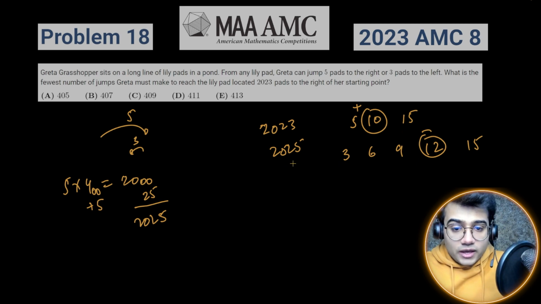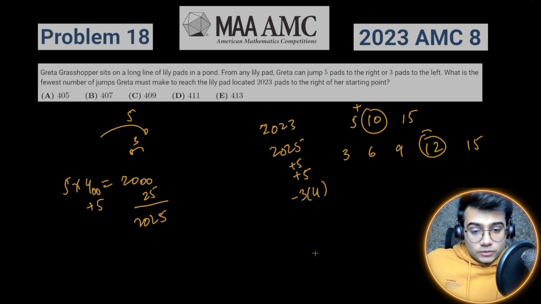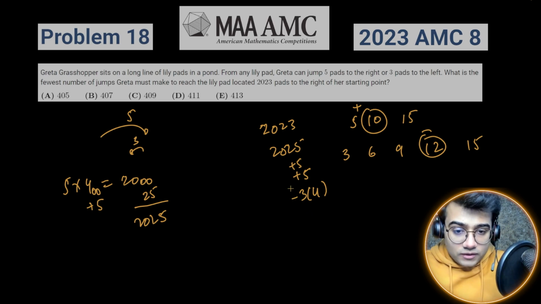Because if we add 10 and subtract 12, we're going to end up subtracting 2 overall. So we add 2 more steps of 5, and then we subtract 3 times 4, so we make 4 jumps of 3s backwards to the left, and that will end up giving us 2035 minus 12.